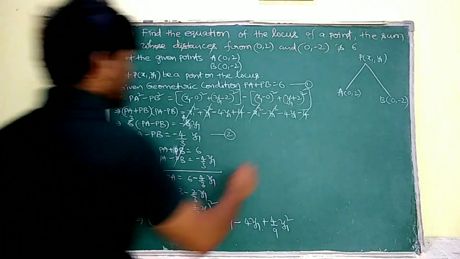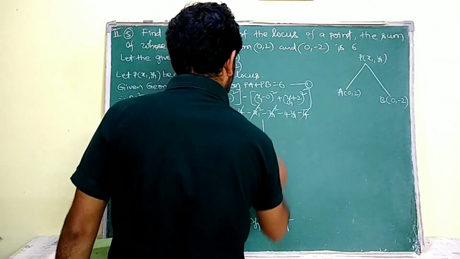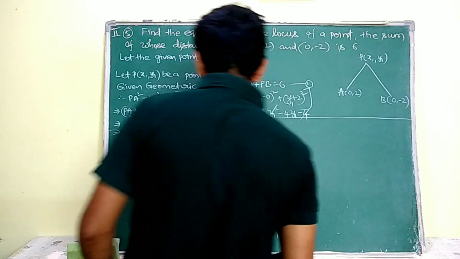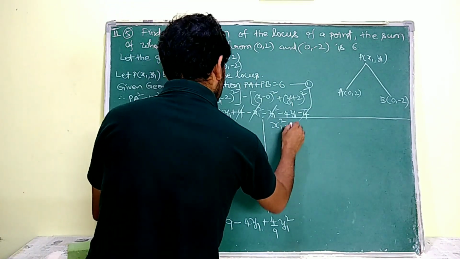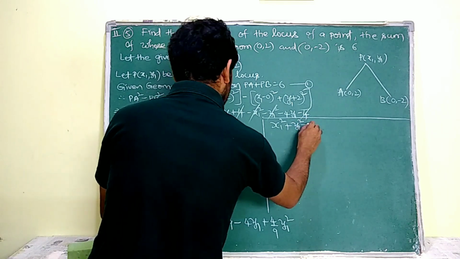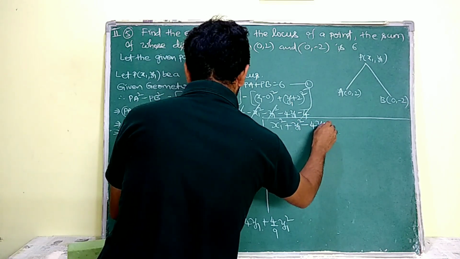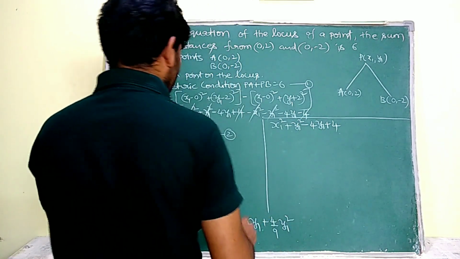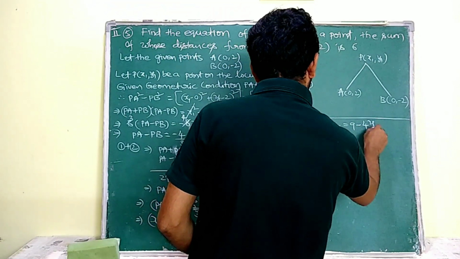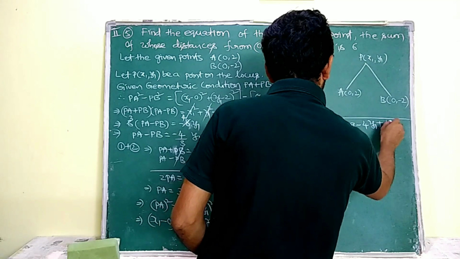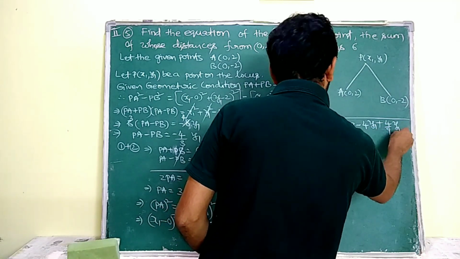So now here, x1 square plus y1 square minus 4y1 plus 4 is equal to 9 minus 4y1 plus 4 by 9 y1 square.